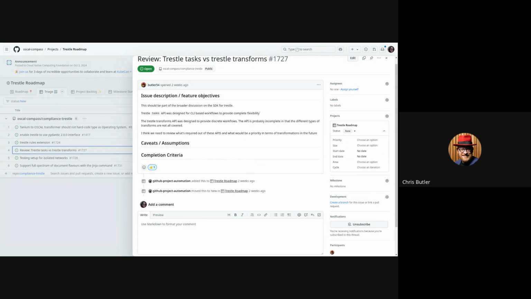Yeah, so another way of articulating this is that I think there are three classes of interfaces. First, ones which are absolutely clearly defined by OSCAL; profile resolution is the one which is clearly defined by OSCAL.